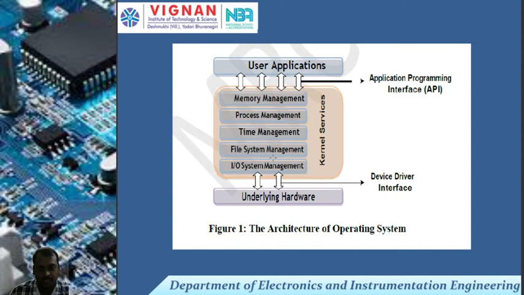File system management means we can create many files, and each file stores some amount of memory, so internally it manages the file system. IO system management means it communicates between the user and the hardware and manages input and output.